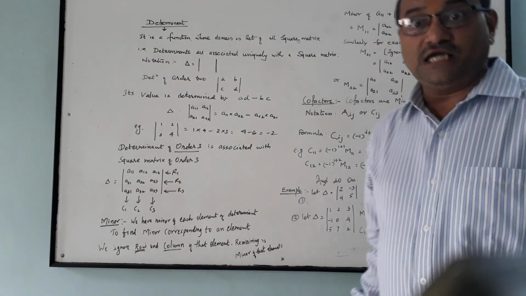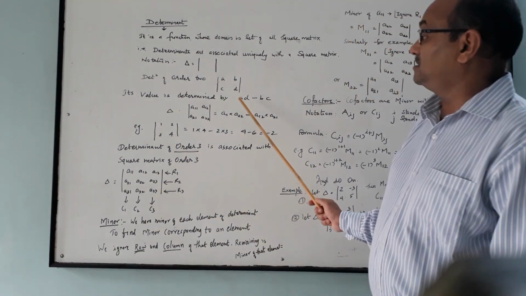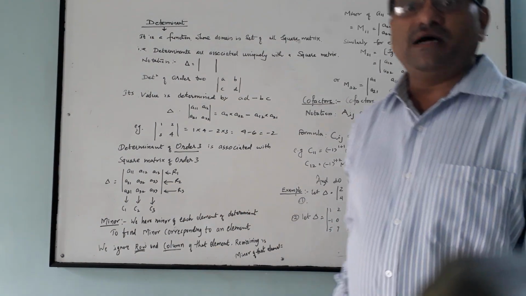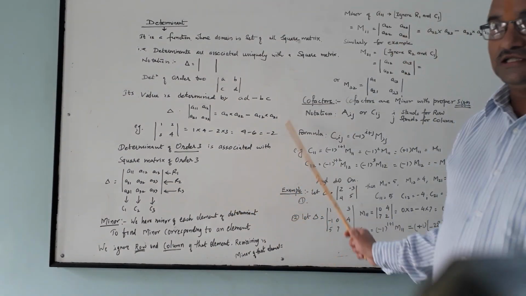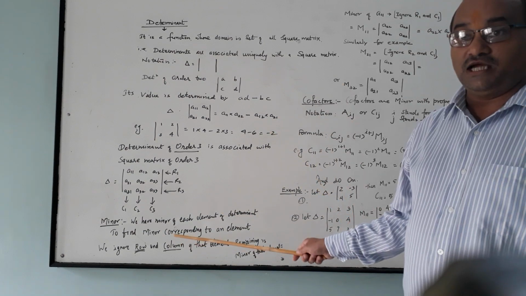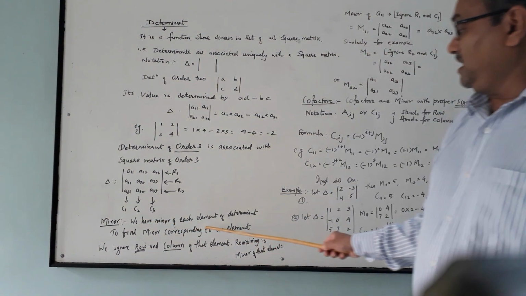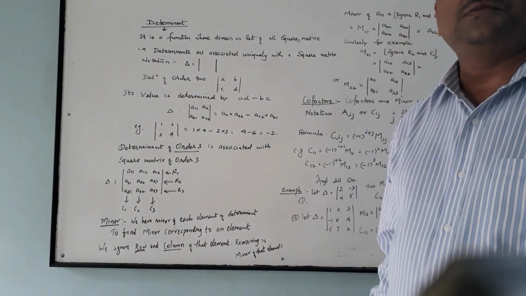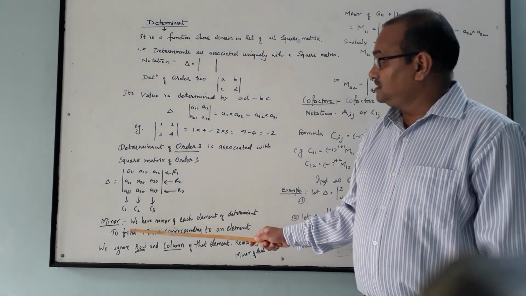Now, in the first exercise of your book, you are given the expansion of the determinant to get the value. But I am explaining minor and cofactors first. It will be easier to find the value of the determinant by learning minor and cofactor first. We have a minor of each element of the determinant, whether it is of order 2, 3 or 4.